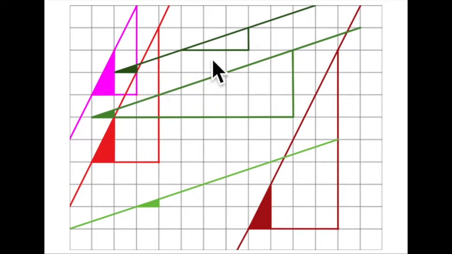So what do you notice when you look at all of these together? Well, for the slope of 2, you have 3 separate lines. Those lines are all parallel because they all have the same slope. It makes them parallel.